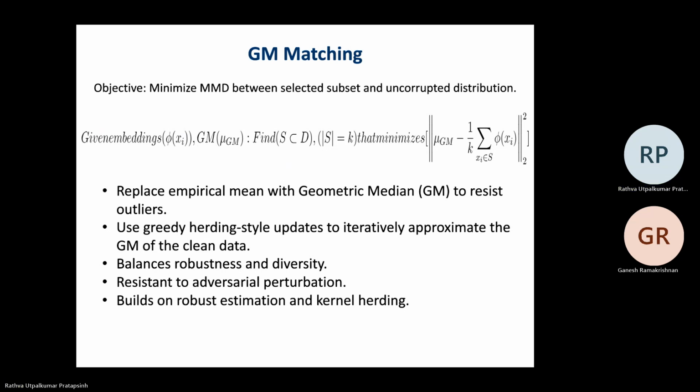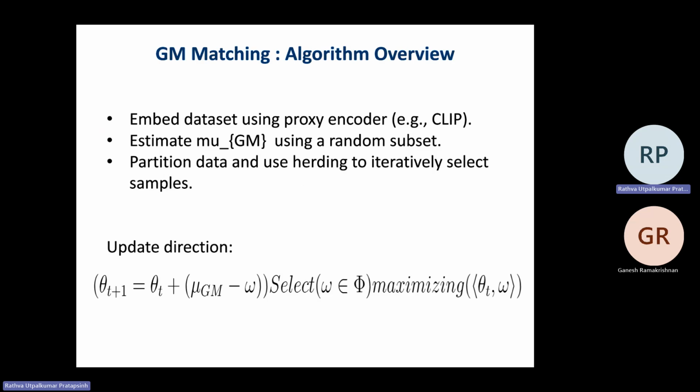So, the overview of the algorithm: we start with an empty subset S. At each step, we select a point that reduces the MMD the most and add it to the subset, and repeat until we have K points. This is called greedy herding.